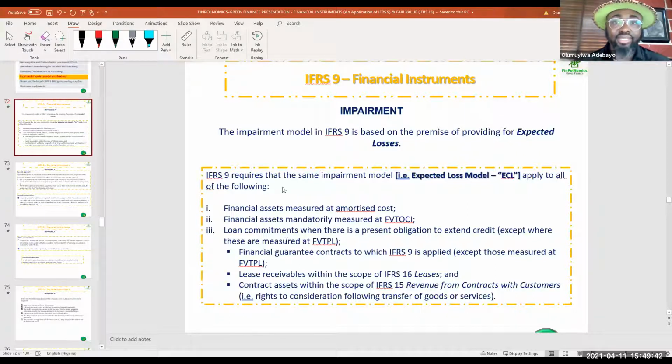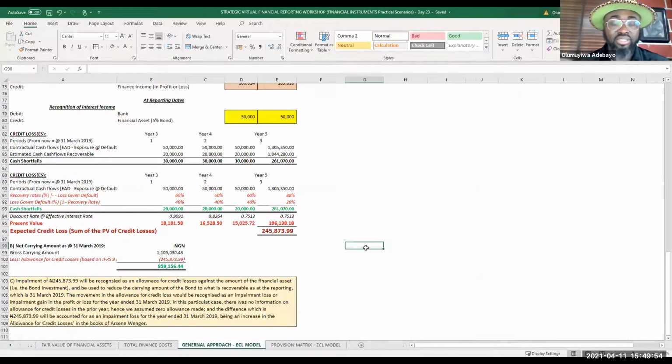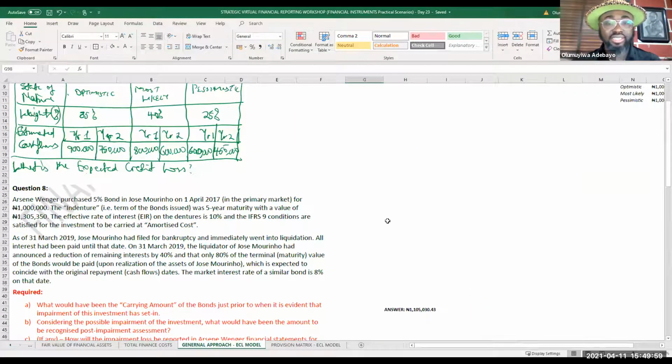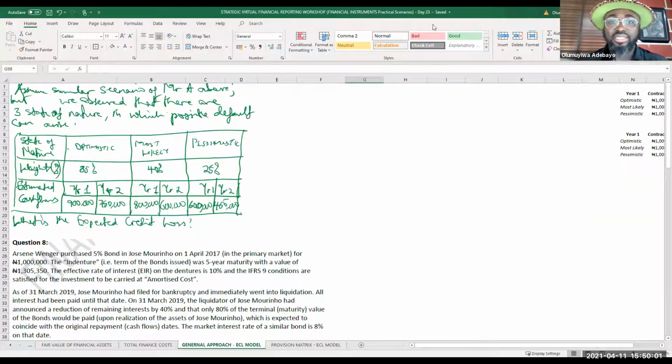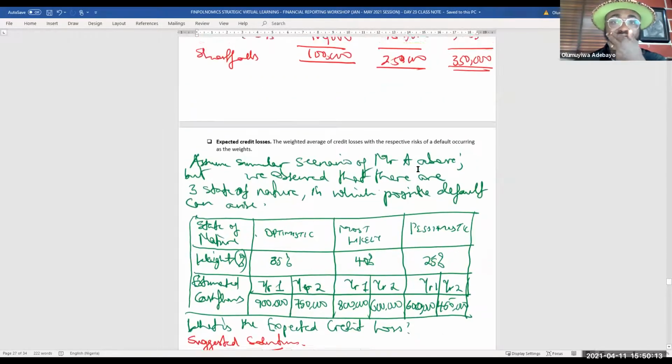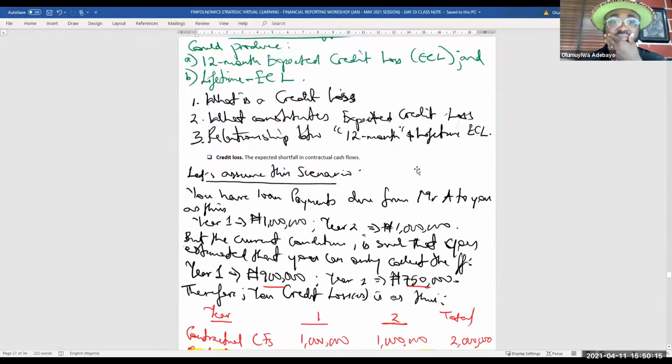Now, yesterday we demonstrated our understanding of impairment with the basic principles, where we discussed the basic understanding of impairment. In our discussion yesterday, the initial slide was on this, trying to explain what impairment is all about.